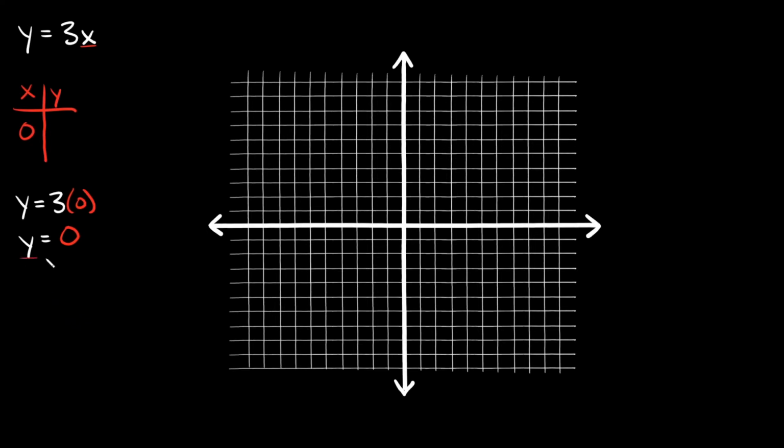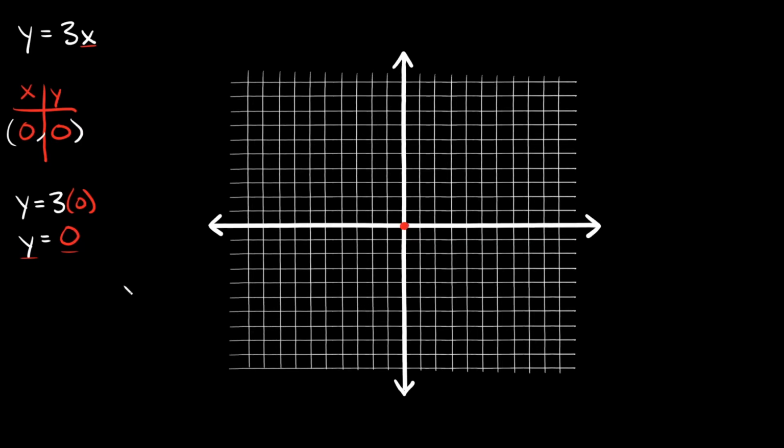We found our y number; it's also 0. So we just found an ordered pair. We know this graph runs through the point (0, 0), which is just at the origin.